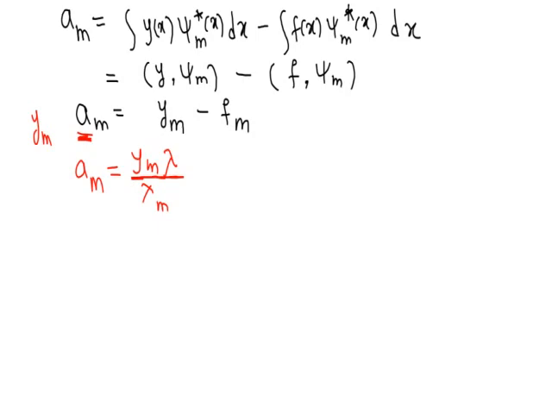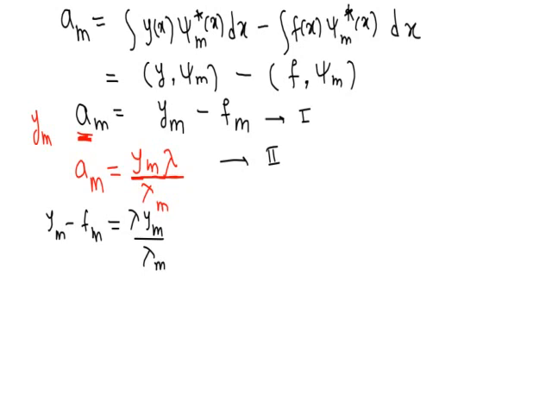Now we have this equation 1 and this equation 2. From these two equations we get that ym minus fm is equal to Am, but Am is lambda times ym by lambda m.